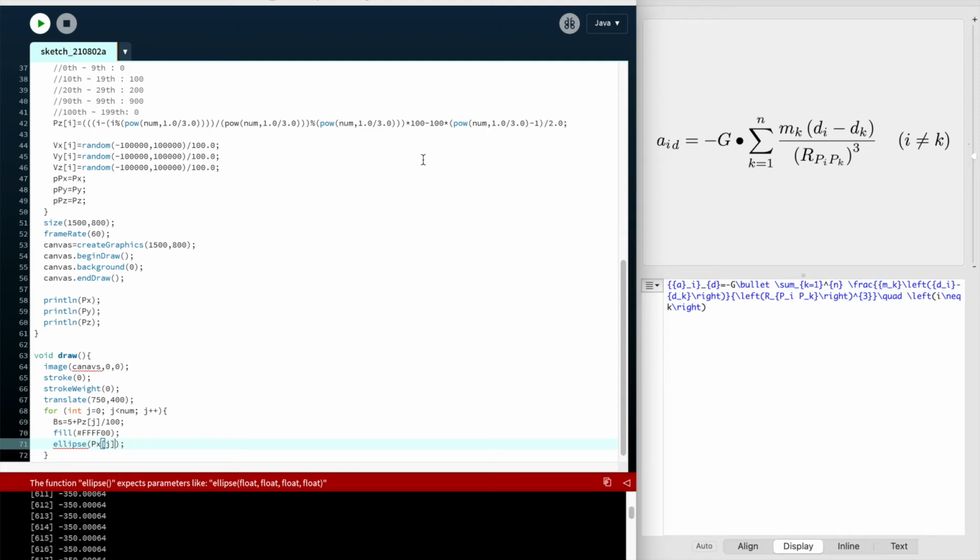But then we're also considering that the movement in the z coordinate would also correspond to an x coordinate on the screen. Even though the z coordinate and x coordinate are different, a movement in z will affect both the x coordinate and the y coordinate as you see on the screen. So we say px of j minus pz of j divided by square root of 2.0.